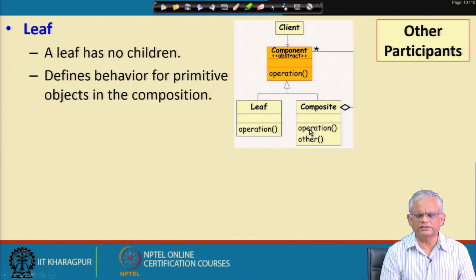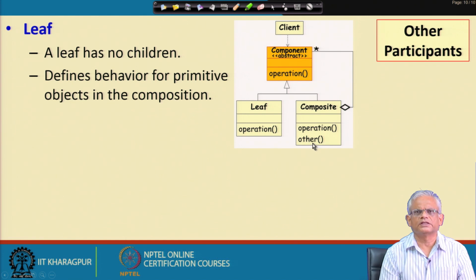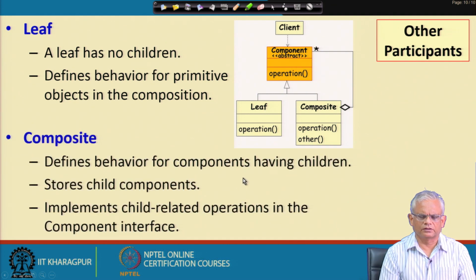The composite, in addition to the operation defined on the component, must have operations for child management, for example, add child, delete child and so on. So, the composite defines behavior for the component's children: store or add a child component, invoke different operations on the child, delete, etc.